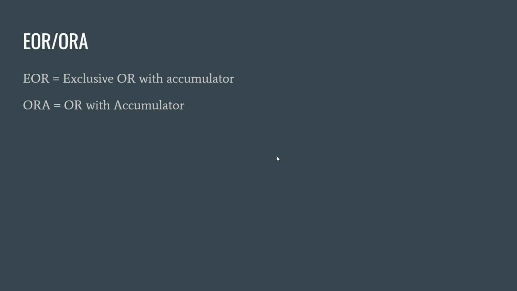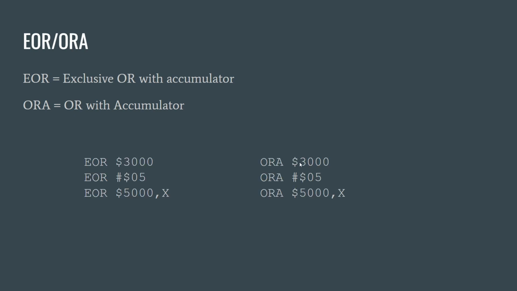Okay, so there are 2 more instructions here: the EOR and the ORA instructions, and those are the exclusive OR with accumulator and the inclusive OR with the accumulator. So let's look at the variations of those.